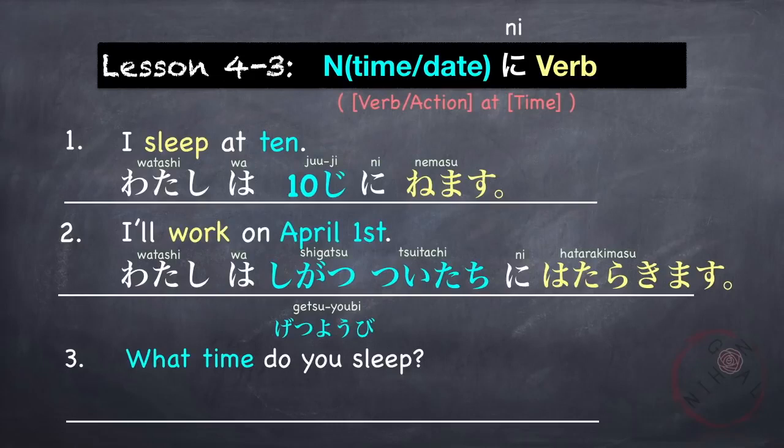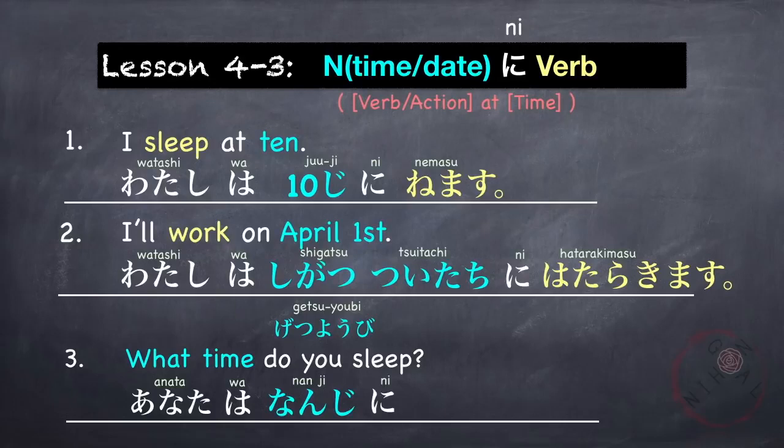Now to ask a question, what time do you sleep? Or what time do you do a certain action? あなたは, you. What time is 何時？あなたは何時に寝ますか？So the particle ni is added if there's a numeral.